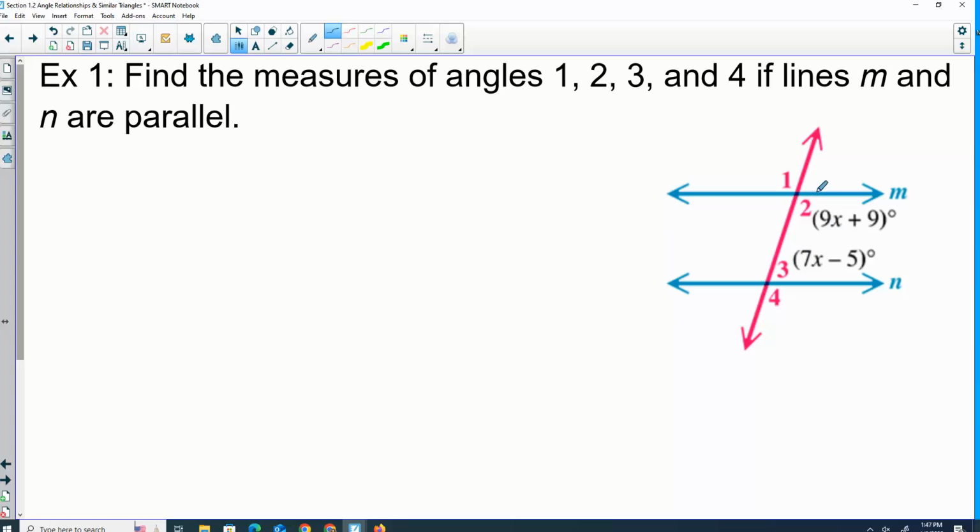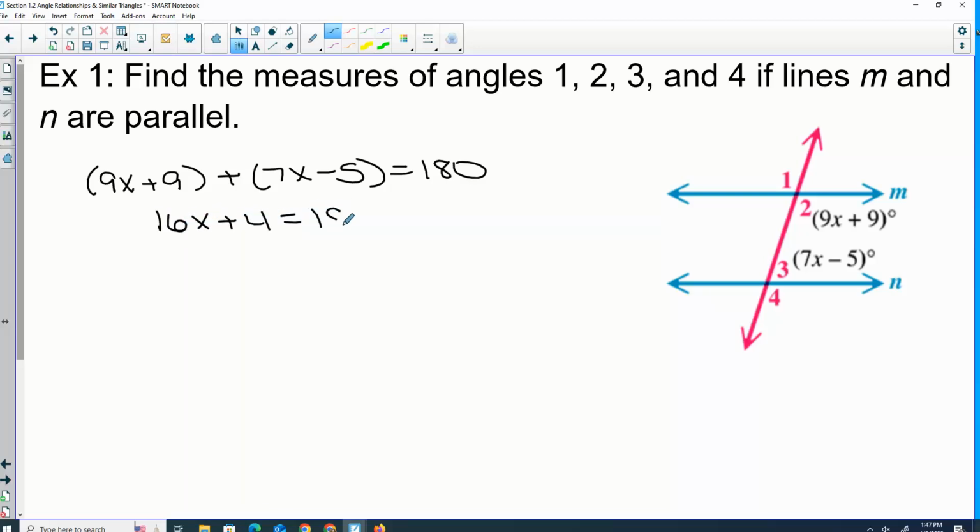What would be true about angle 2 and angle 3? So we say 9x plus 9 plus 7x minus 5 equals 180. Combine like terms. 16x is 176. Divide by 16. And we get 11.